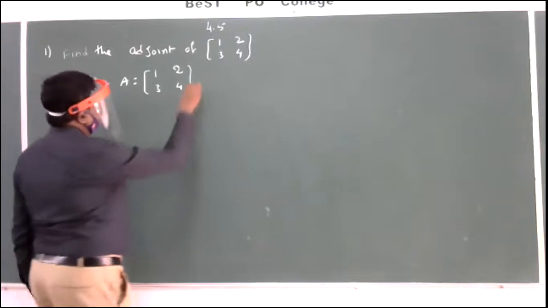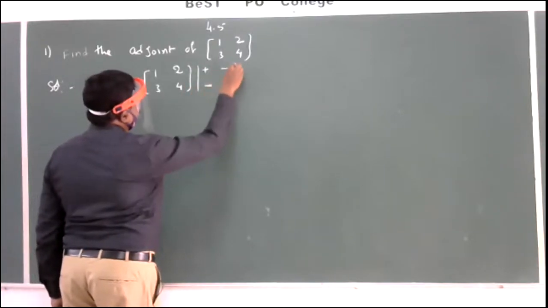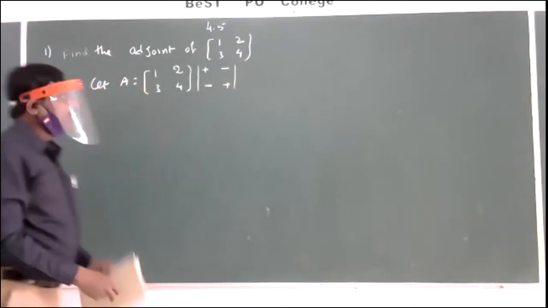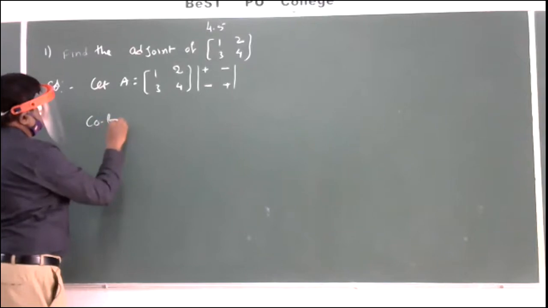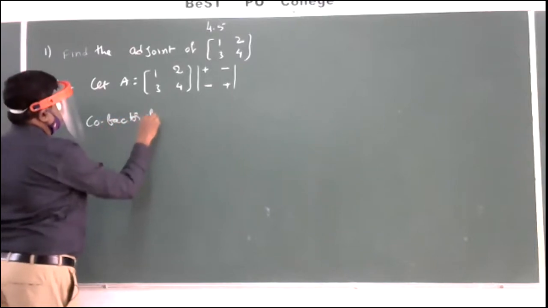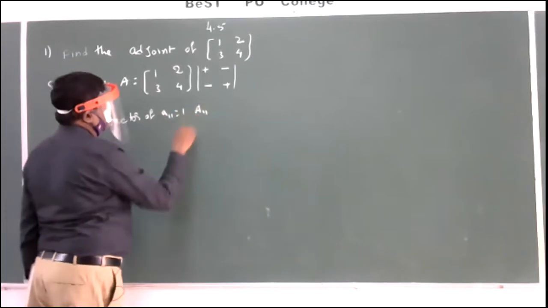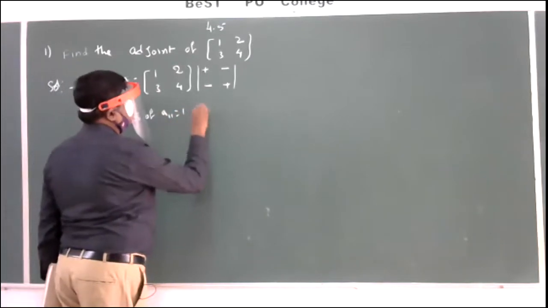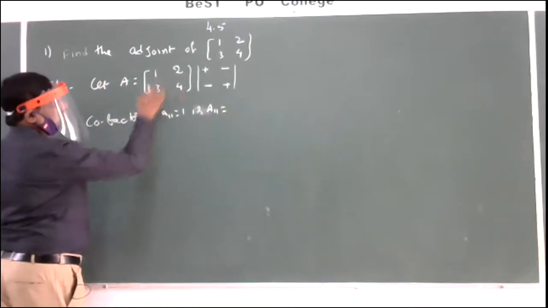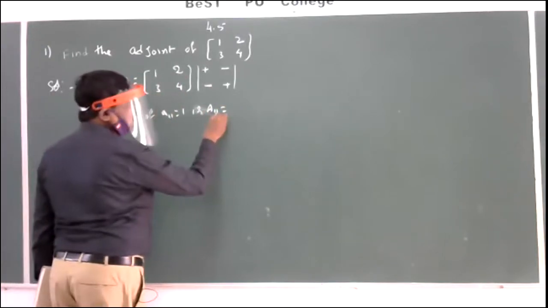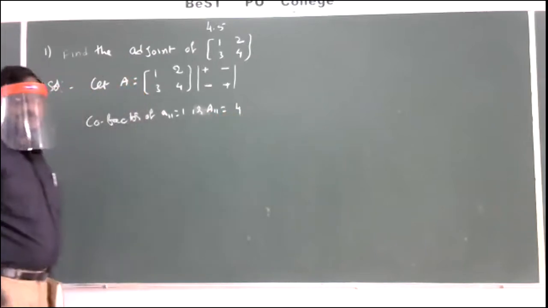First find the cofactors. Cofactor of A11, capital A11, is equal to: leaving the first row and first column, 1 plus 1 is 2, it is even, that's why it is plus 4.